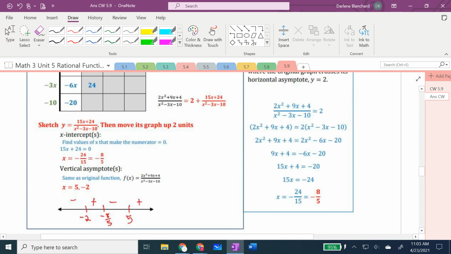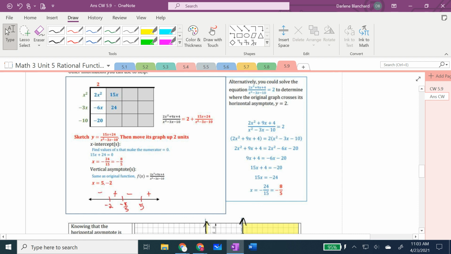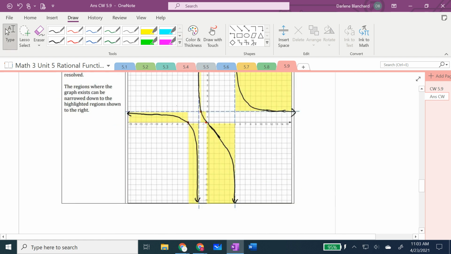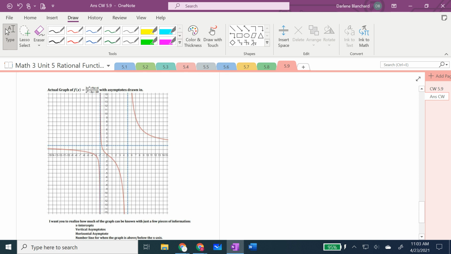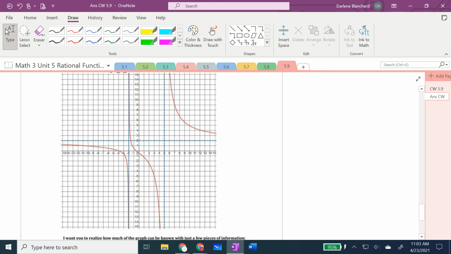And this is the alternative that you probably don't want. This is excessive. But I wanted to present to you how you can do it if you want to put in more time. And this is then the graph, how it should look.